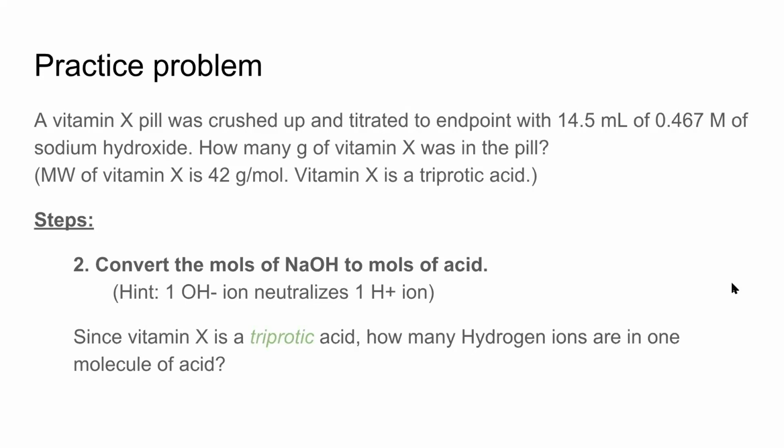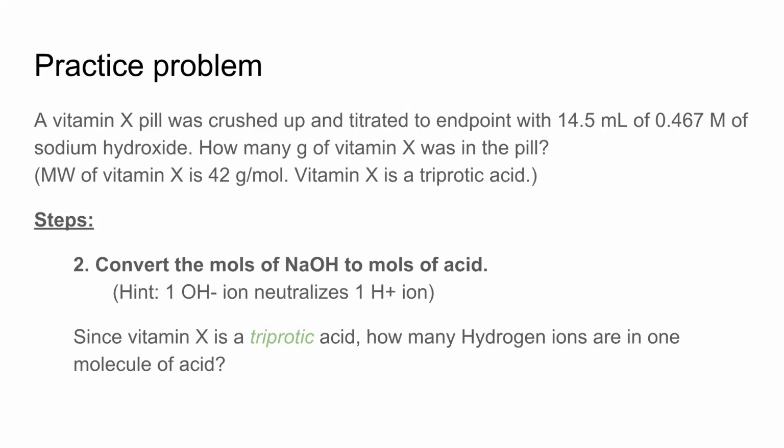So since vitamin X is a triprotic acid, how many hydrogen ions will be in one molecule of acid? If it's like mono meaning one, di meaning two, I would assume tri would mean three, right? So it's three H plus ions in your vitamin X.